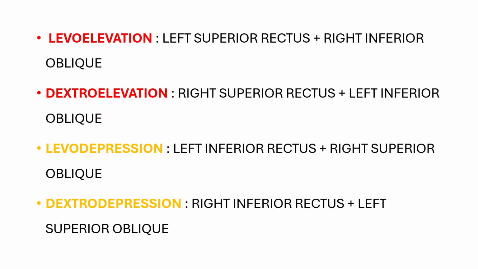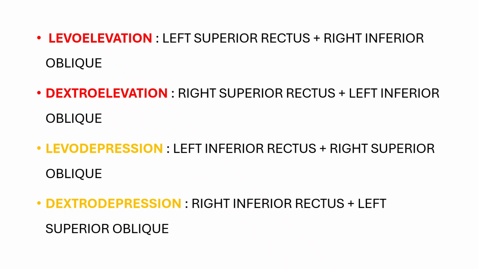The left eye superior rectus will do that because it is the primary eye of levo elevation. And naturally the opposite eye does it by the secondary muscle, that is the inferior oblique. So right eye, inferior oblique. A similar thing happens with dextro elevation. Dextro means right side, so the right eye will do the primary function by the superior rectus, and the left eye does it by the inferior oblique.